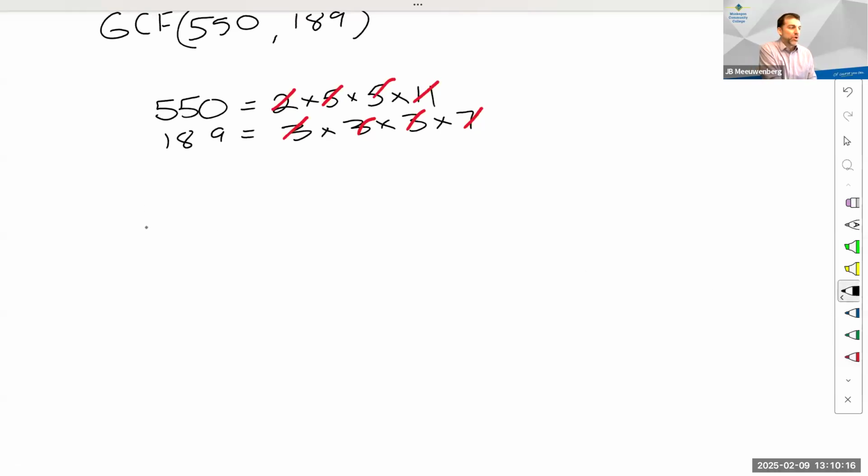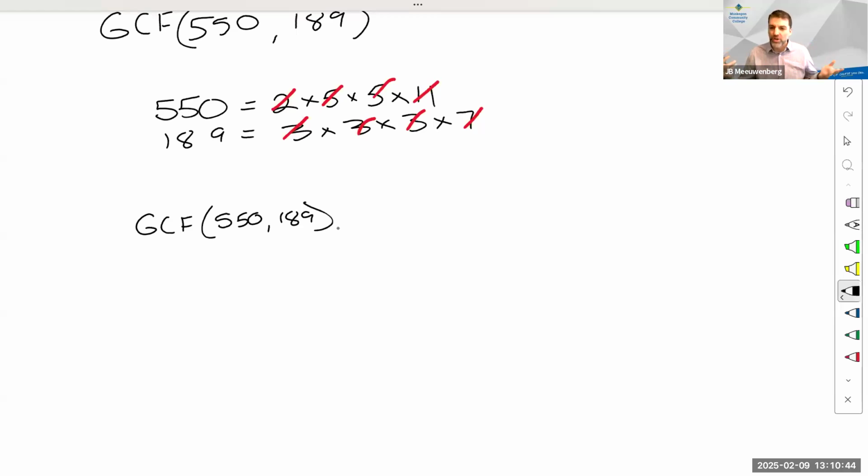So what does that mean then? Is there a GCF of 550 and 189? Well, yeah. If you go back to how we started this, we said that every number has some common factor, right? Every whole number that we're going to work with has at least 2 factors, and every pair of numbers has something in common.